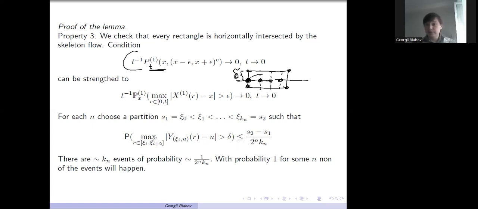And if we consider these events, we will get approximately k_n events, and their probability is of order 1 over 2 to the power n times k_n. It means that with probability 1, none of these events happen. So all trajectories y that started from points of partition stayed inside the rectangle.